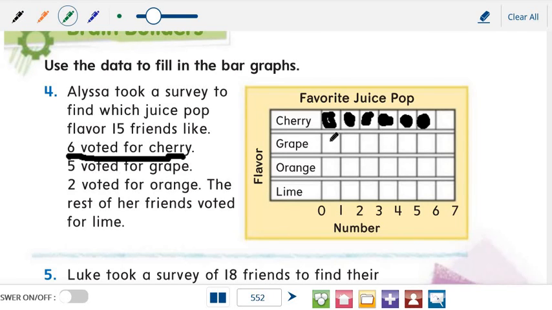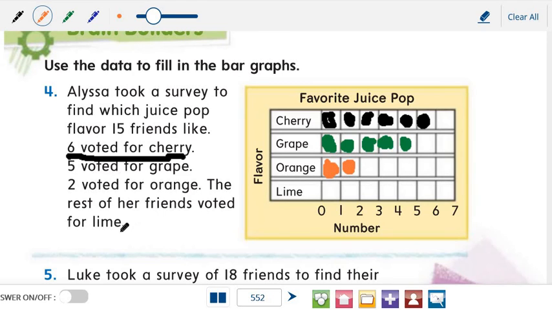So we will color 5 squares for grape. 2, 3, 4, and 5. What about orange? 2 friends voted for orange. So we will color 2 squares for orange.